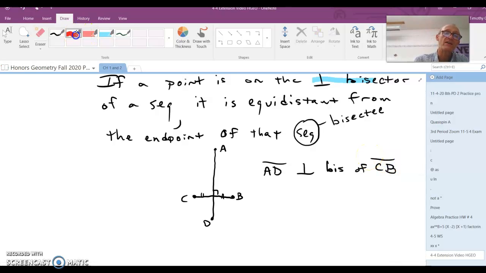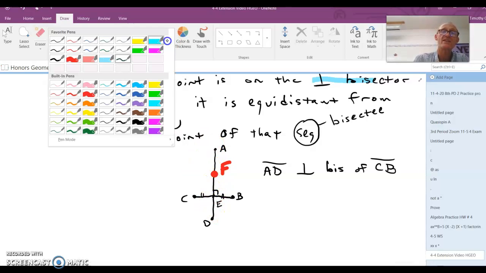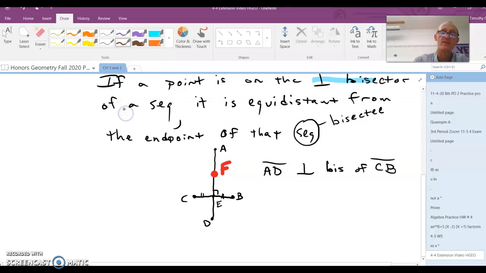Now, any point along that, let's say this is point E right here, don't forget. Let's say I have a point along this perpendicular bisector. I'm going to call it F. Any point along this is equidistant from the endpoints of the segment.